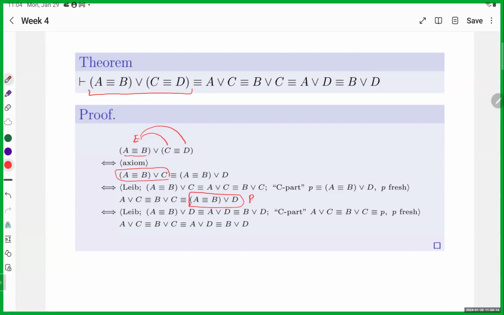I call this P, and I'm allowed to replace P with what is equivalent to this formula, which is exactly A or D is equivalent to B or D, if I took the C part of the Leibniz to be this is equivalent to P.